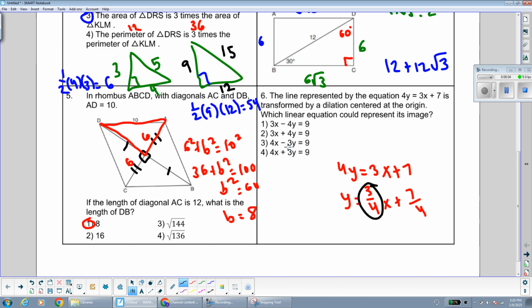But I have to also see which one of these has the same slope as this one. So I'm going to just take all the answer choices and put them into y equals mx plus b form. So negative 4y for number 1 equals negative 3x plus 9. Then I'm going to divide everything by negative 4.